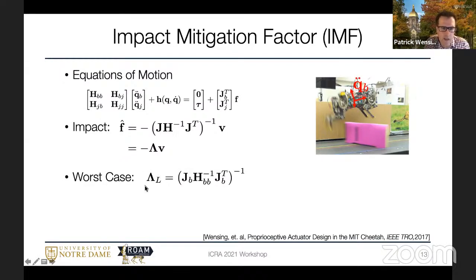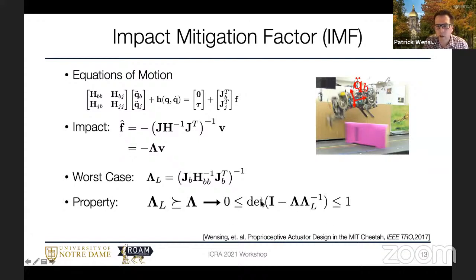Now you can think this locked inertia has to be worse, or larger, than the regular contact inertia, and you can prove that that's the case. And the implication of that is that this following quantity, the determinant of identity minus lambda times this locked inertia inverse, is between 0 and 1. And let me give you some insight into it.